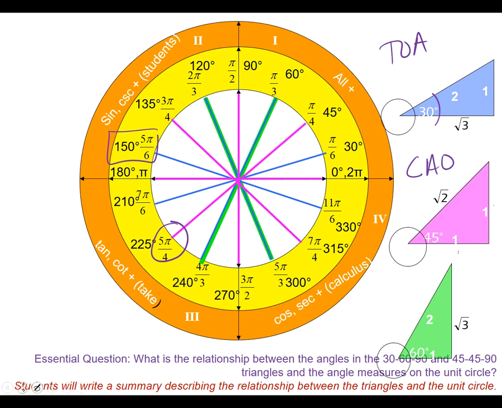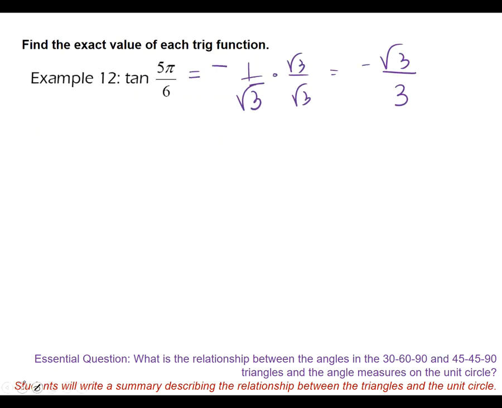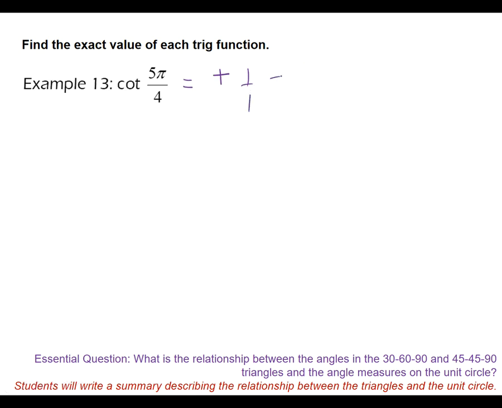So 1 over 1 is 1. Oh, good. We do get one that's not on the list. There'll probably be more than just the one here.